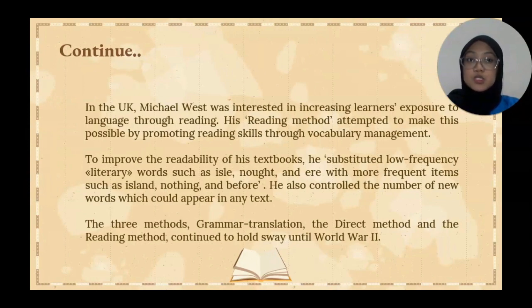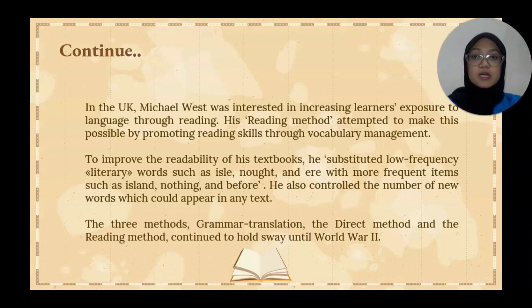So, in the UK, Michael West was interested in increasing learners' exposure to language through reading. His reading method attempted to make this possible by promoting reading skills through vocabulary management.